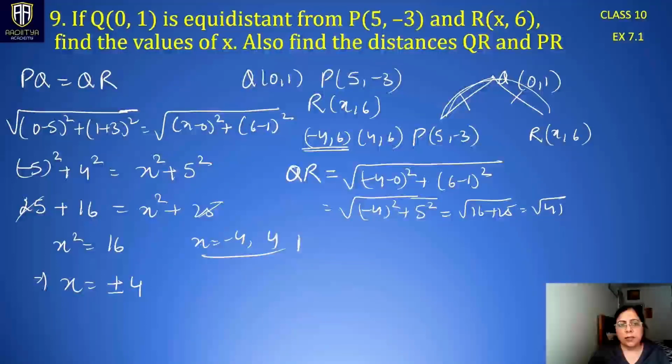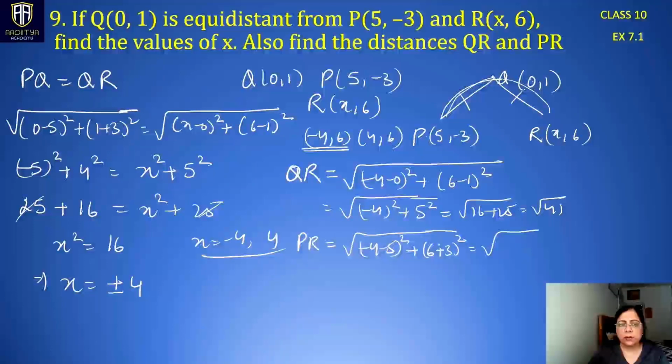QR and PR in the same case when x is being taken as negative 4. PR, P and R. So we have, let this be minus 4 minus 5 square, and this is 6 minus 3, 6 plus 3 whole square.